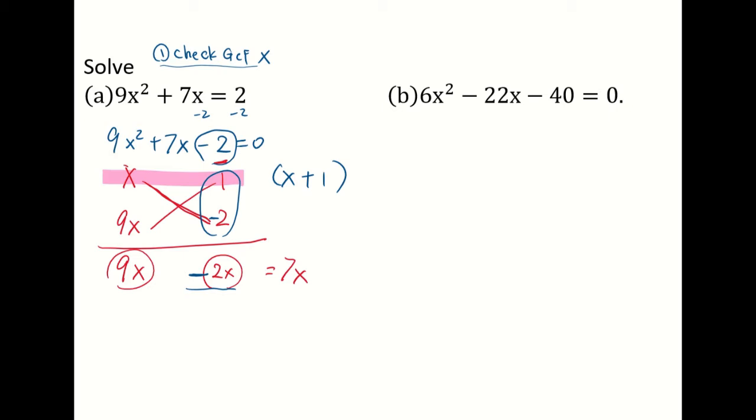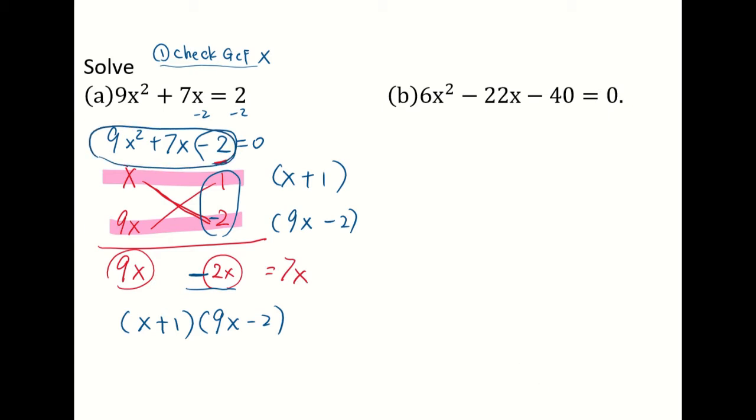Right. The second factor coming from the second line, which is 9x minus 2. So I will write down the two factors. X plus 1 times 9x minus 2 is how I factor the left side of the equation, equals 0.